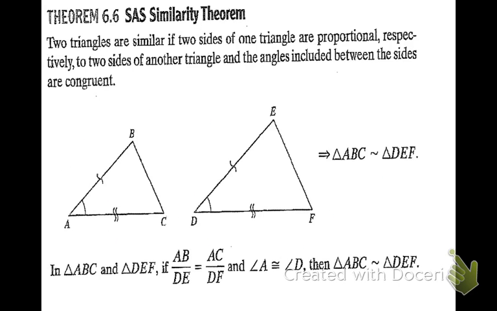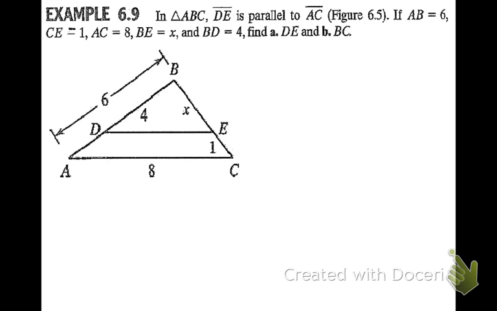Everybody have it? Okay. Let's find BE. How are we going to find BE? X over 4 equals x plus 1 over 6. Good.